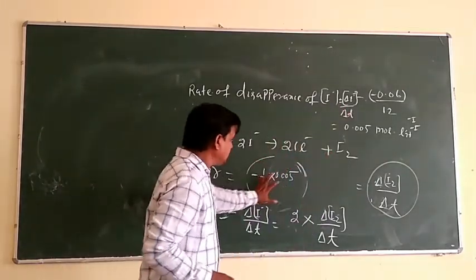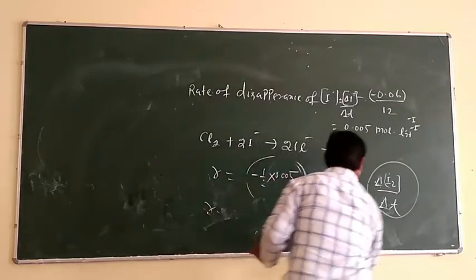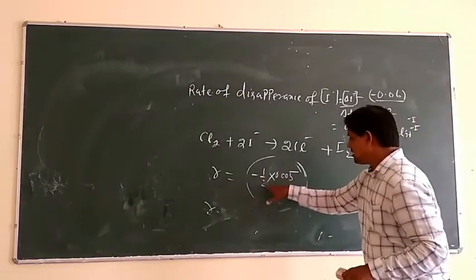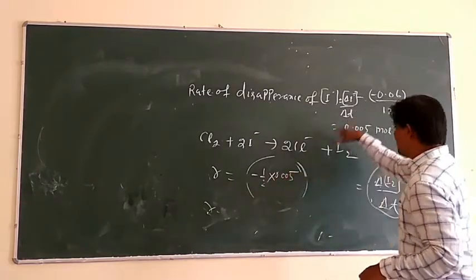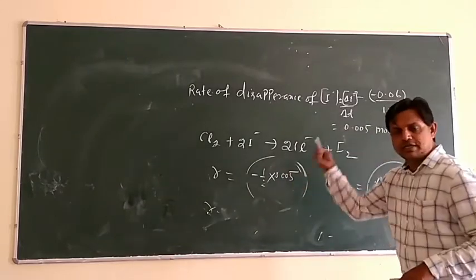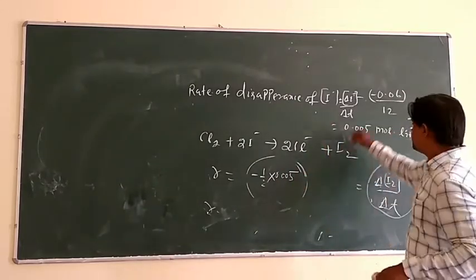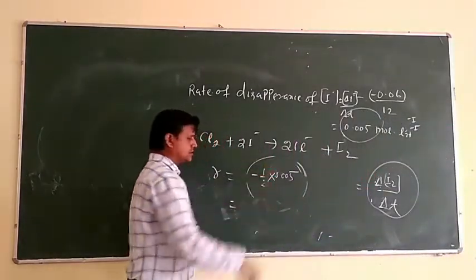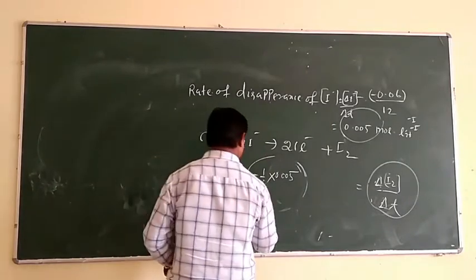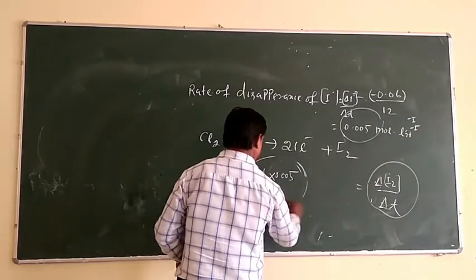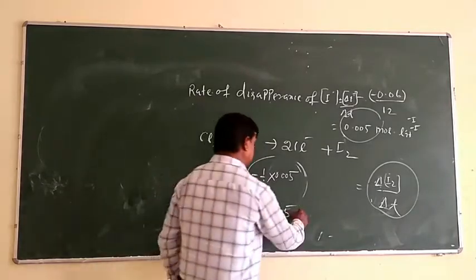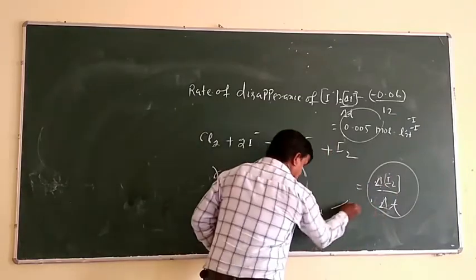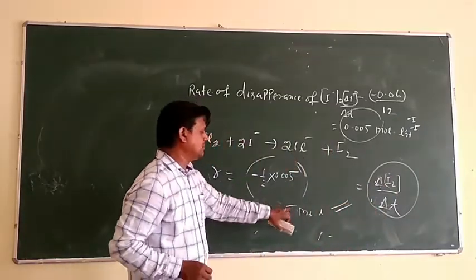So del I2 by del t equals minus half into the rate of disappearance of I minus ion, which we calculated as 0.005. So the final answer is 0.0025 mole liter inverse. So del I2 by del t equals 0.0025 mole liter inverse.